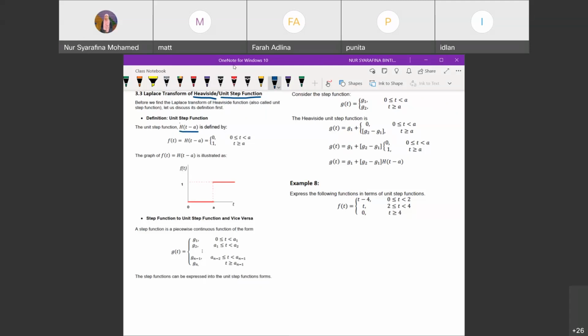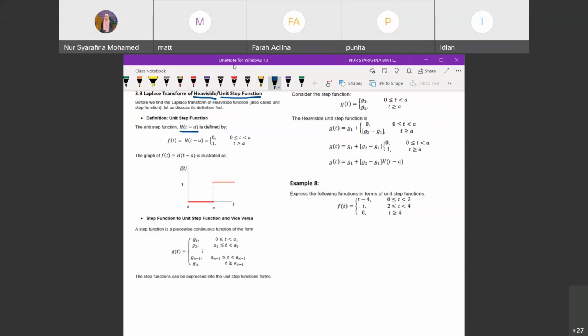The definition is given by h(t minus a), which is a function of f(t), equal to 0 when t is from 0 to a, and equal to 1 when t is greater than or equal to a until infinity.